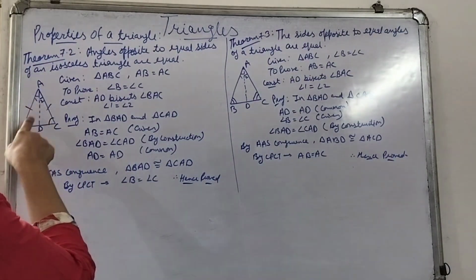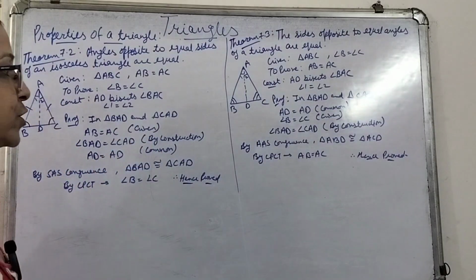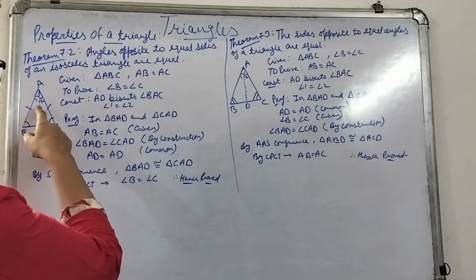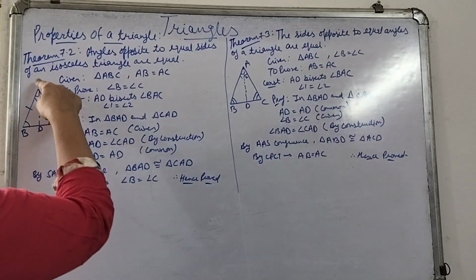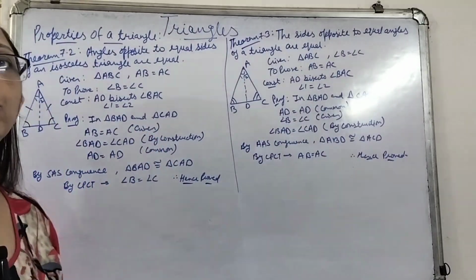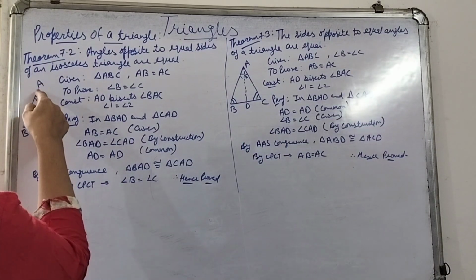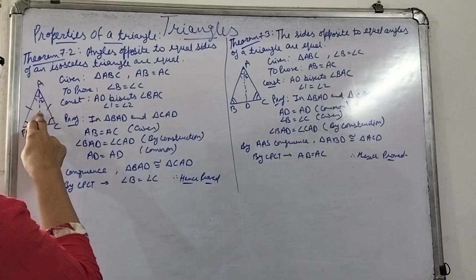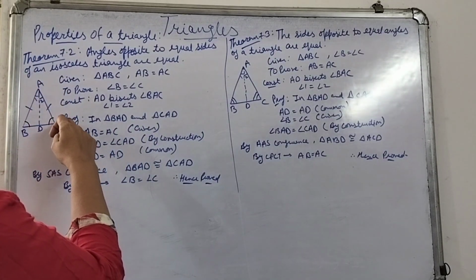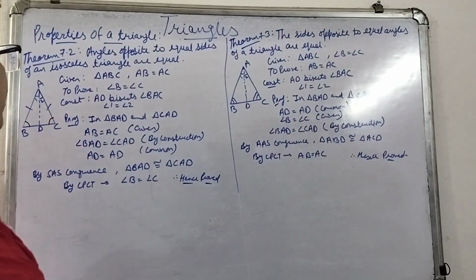Now angle 1 of triangle BAD is equivalent to angle 2 of triangle CAD by construction, because we have drawn AD as the bisector of angle A. And AD is common to both triangles, so AD is equivalent to AD. So we have this side, this angle and this side. By SAS congruency rule, triangle BAD will be congruent to triangle CAD.